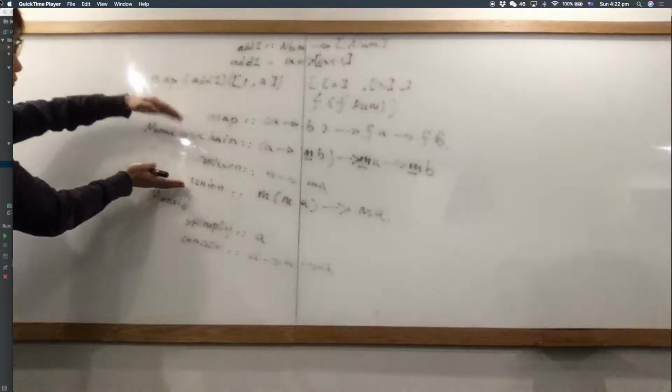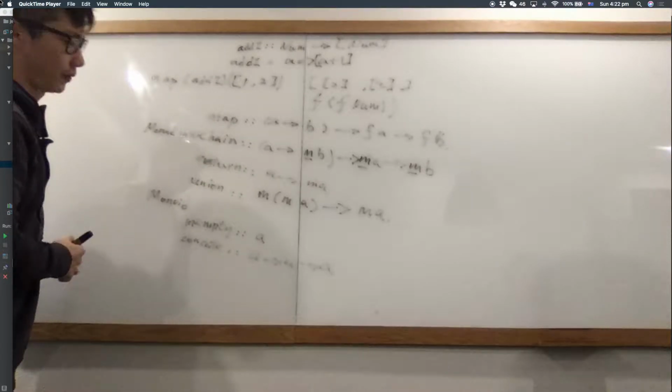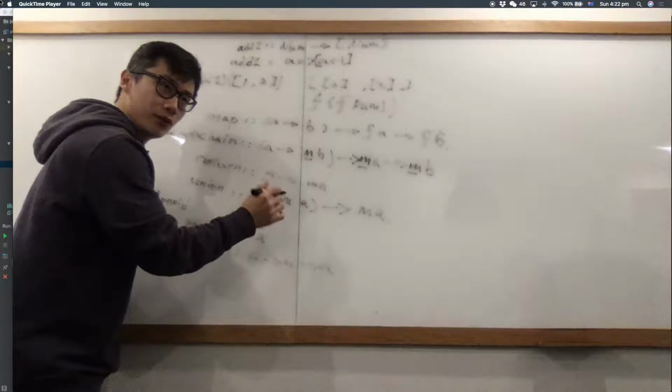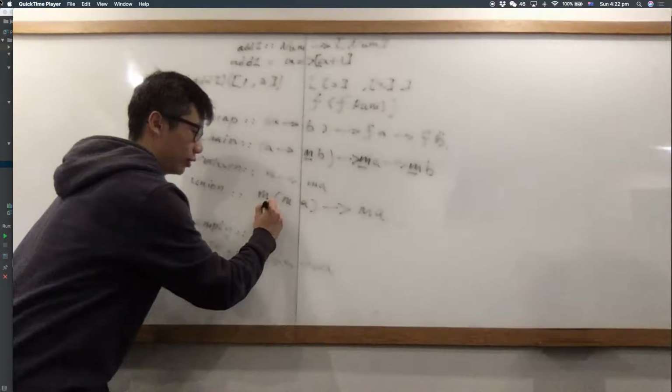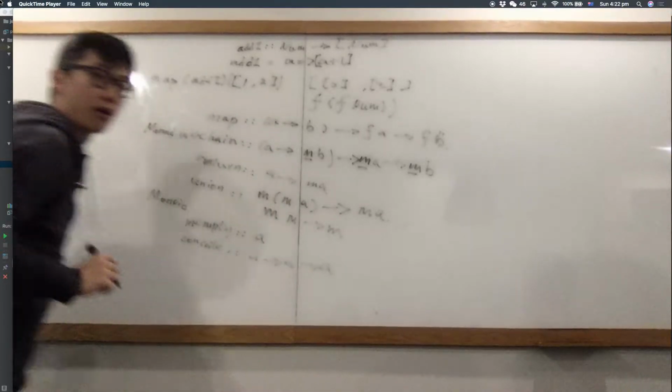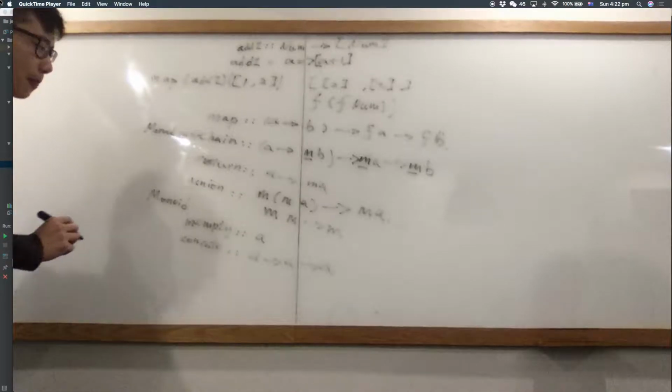When you look at monad, these two, right? On the type level, essentially we're doing n to n. Right? Okay.